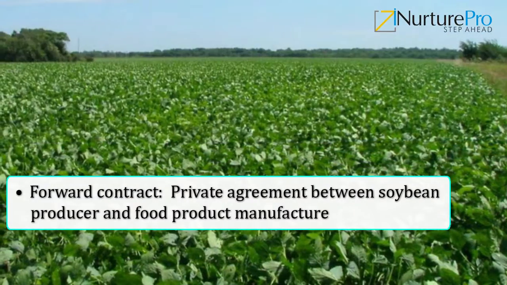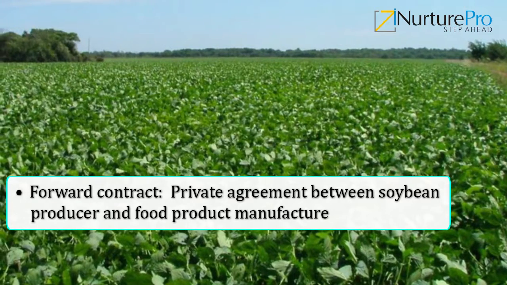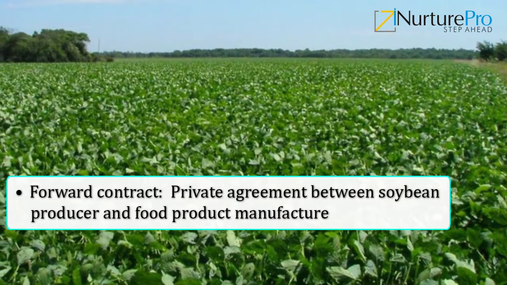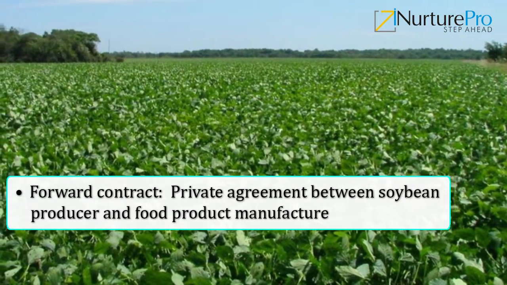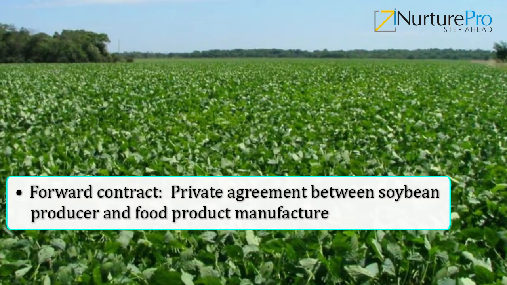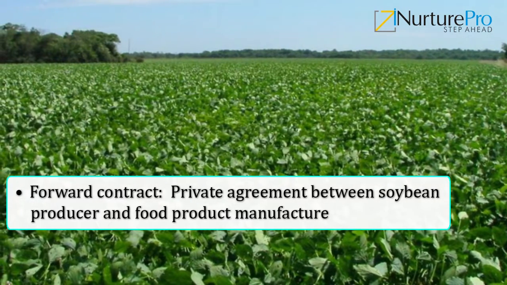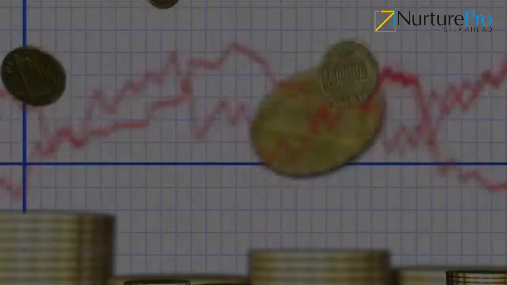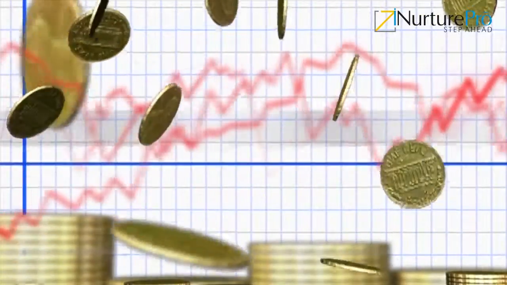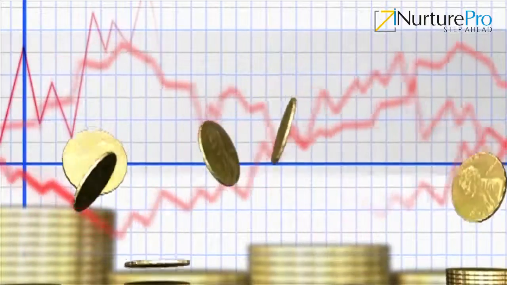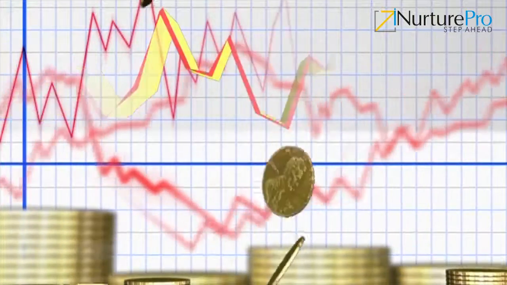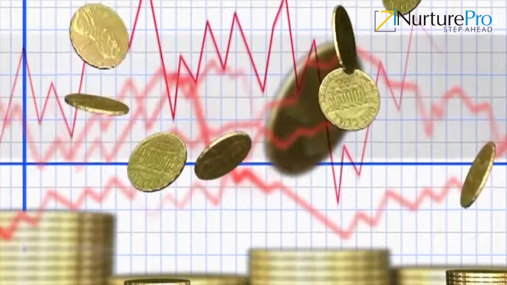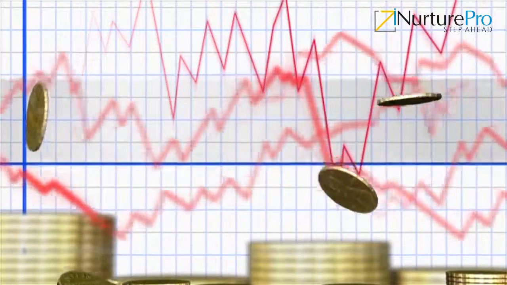Under this contract, the soybean producer has an obligation to sell and the food product manufacturer has an obligation to buy soybean at a particular price on a particular future date. Let us say the soybean producer agrees to sell 5 quintals of soybean at rupees 2500 per quintal at the end of the 6th month.